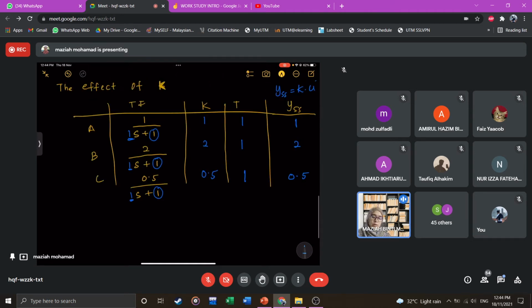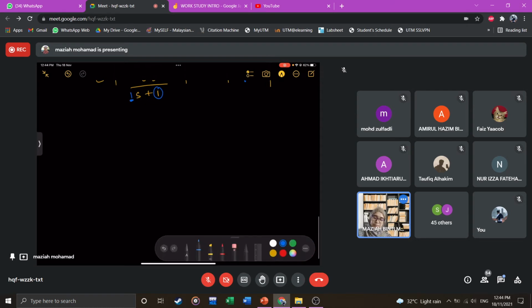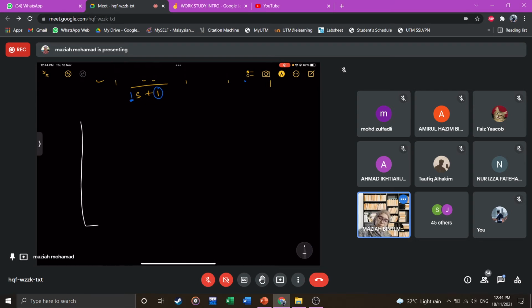All right, so let's plot the system. This is time constant, T equal to 1 second. This is T, this is Y. Then let's say this is 1, this is 0.5, this is 2.